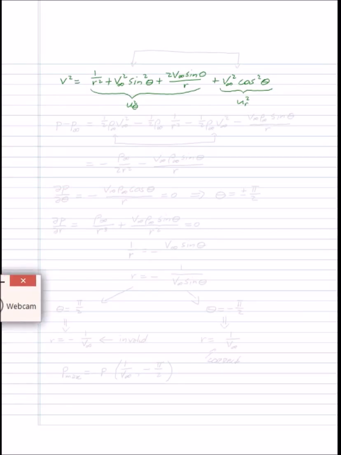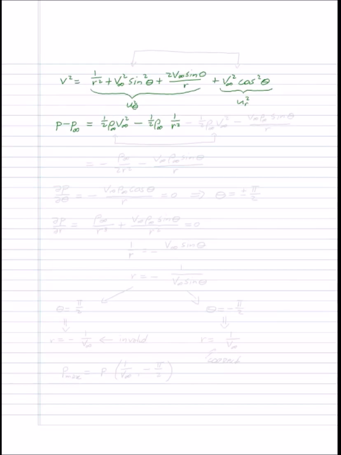So we rearrange the equation a bit, and we'll get p minus p infinity. Throw the pressures to the left-hand side and all the other velocity terms to the right-hand side. We're going to get half rho infinity v infinity squared, and then all the terms from that u theta and ur are going to come in. So that's minus half rho infinity 1 divided by r squared.